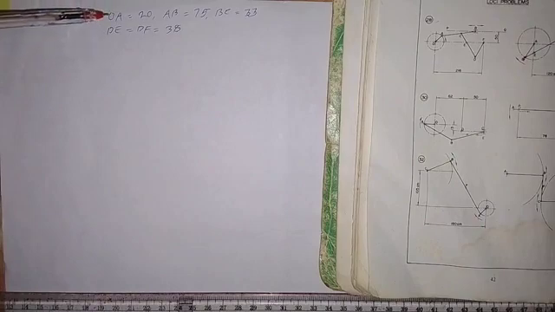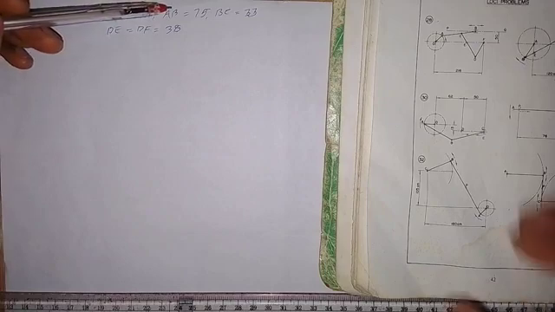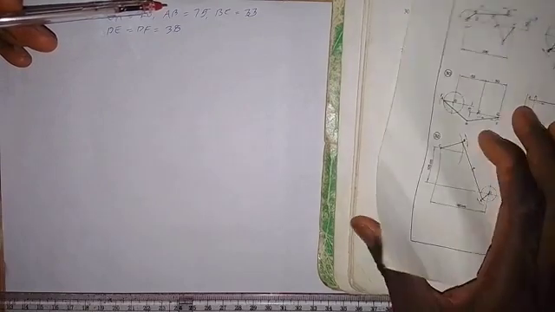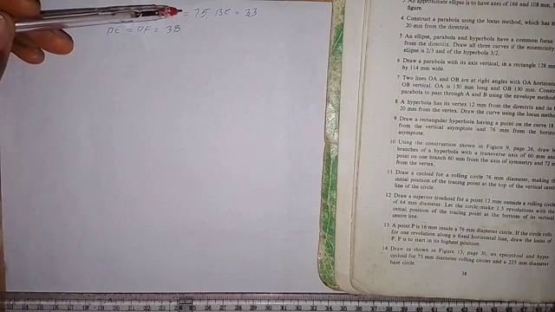Instead of OA, which is 40 originally, I'll be using 20. AB is 150, so I'm using half of 150, which is 75. BC, which is 65 millimeters, I'll be using approximately 33.